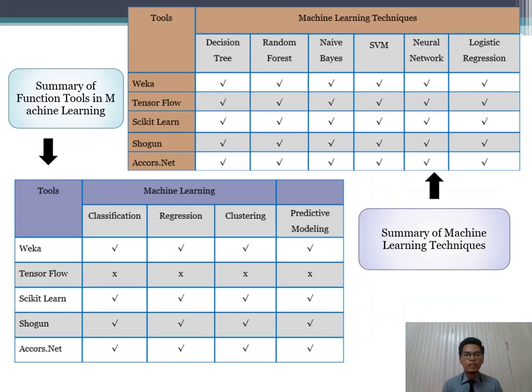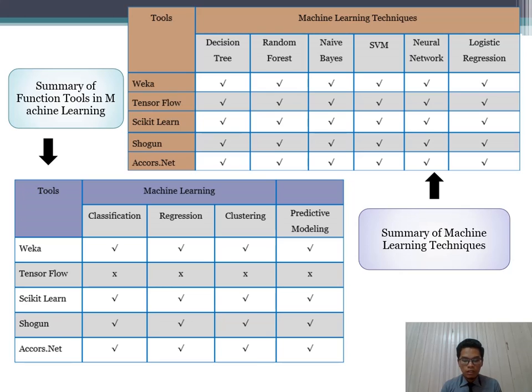This slide is a summary of function tools in machine learning and a summary of machine learning techniques. As you can see in the table, Weka, scikit-learn, Shogun, and Accord.NET have all the machine learning techniques, which are classification, regression, clustering, and predictive modeling, while TensorFlow does not have all of them.